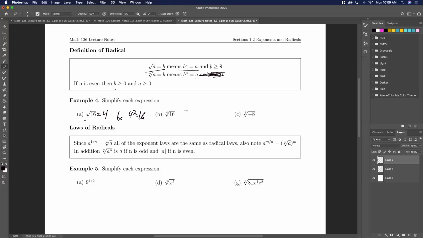Here, let's do this one. This equals, well, we want to find out what to the 4th power equals 16. Well, the best guess we have is 2, right? And does that work? 2 times 2 is 4, times 2 is 8, times 2 is 16. Yeah, so this equals 2. Here we have the cubic root.